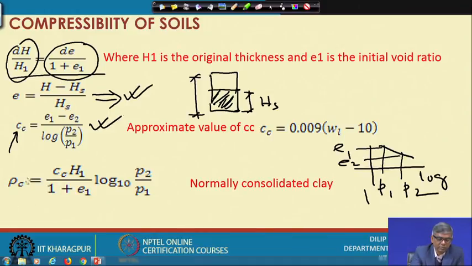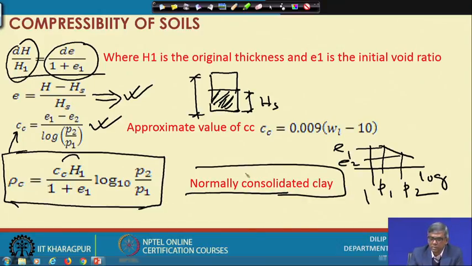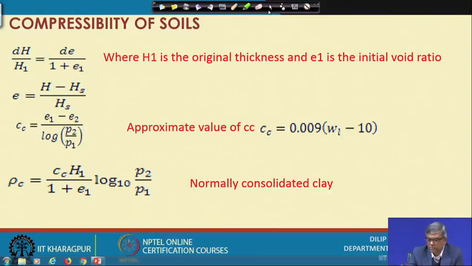If you know the C c, then we can find the consolidation by the compression index method using the formula C c into H by 1 plus E, log P 2 by P 1. This formula is applicable only for normally consolidated soil. For over consolidated soil, the treatment will be a little different, which I have also discussed, but I will summarize once again.